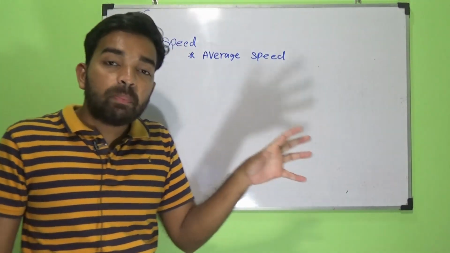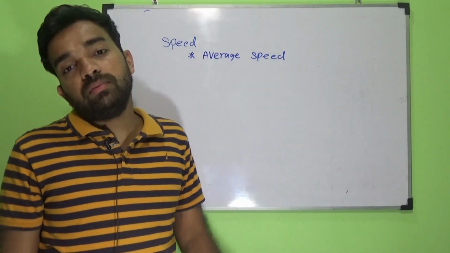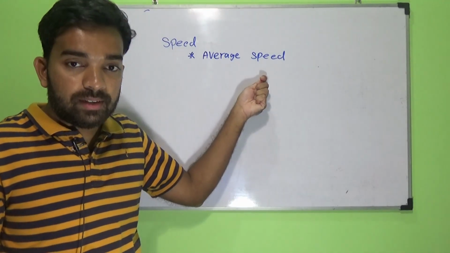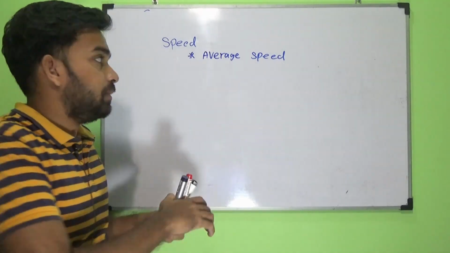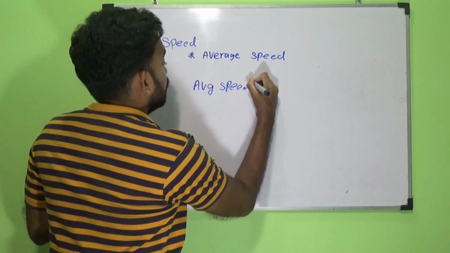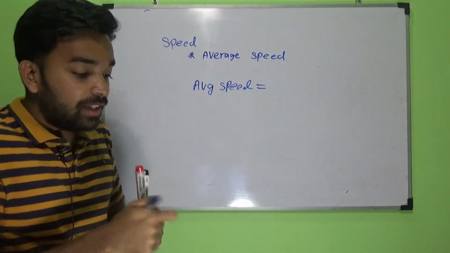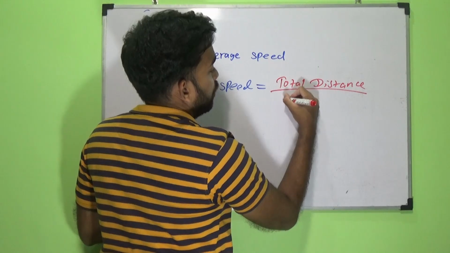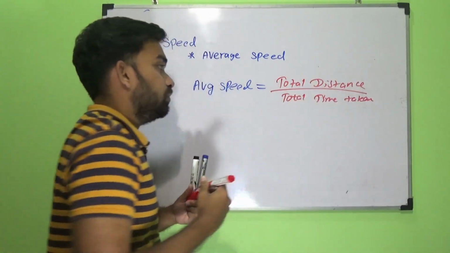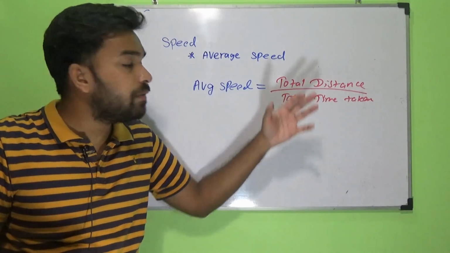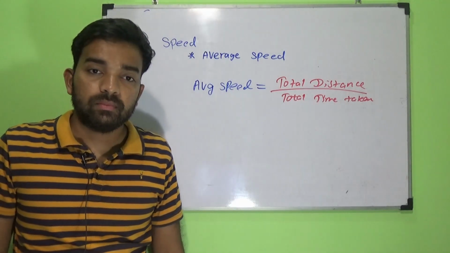So your speed is not constant. So average speed means the total distance divided by total time taken. That's it. Average speed means the total distance divided by total time.